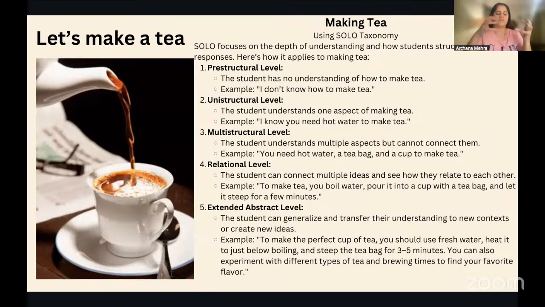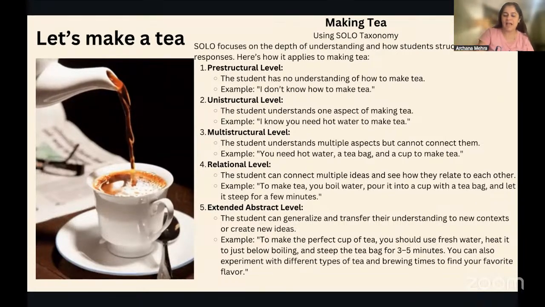Now, with the same example, SOLO taxonomy goes into the depth of a concept, from the child not knowing anything about the particular concept to the abstract meaning of it. So known to unknown.